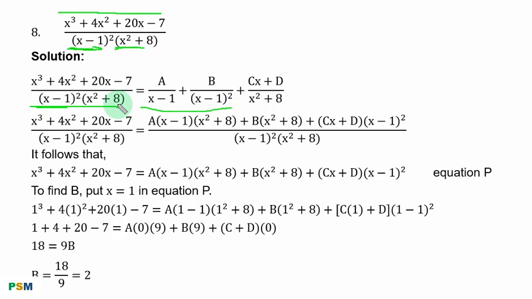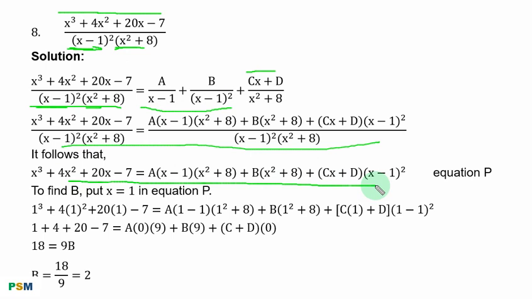The quadratic factor is assigned a linear factor in the numerator, cs plus d. You find the LCM and simplify. You have this result multiplied through by the LCM. You have the resulting equation P.